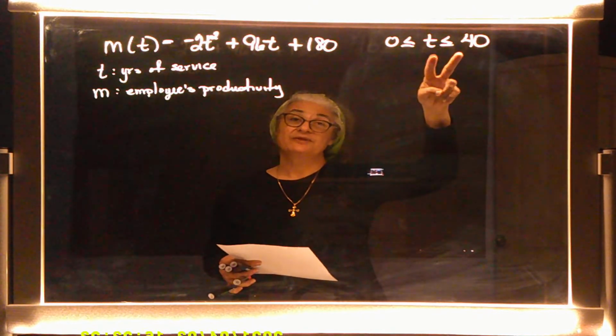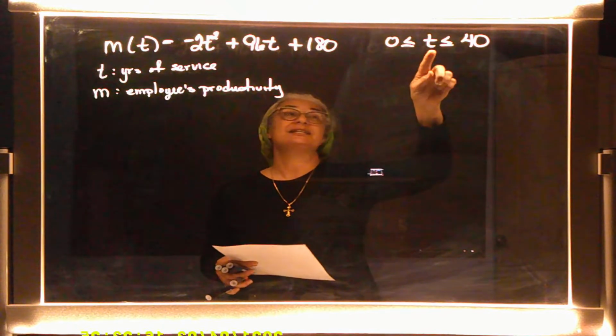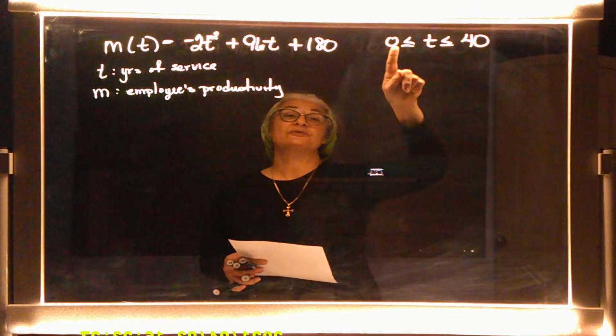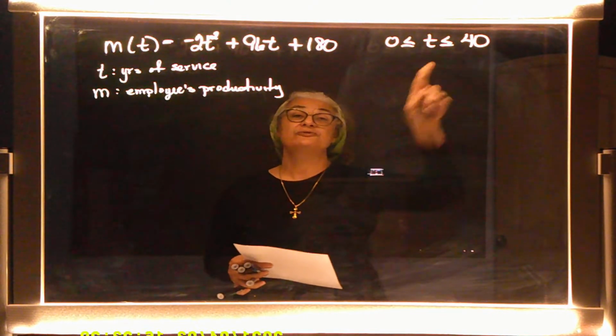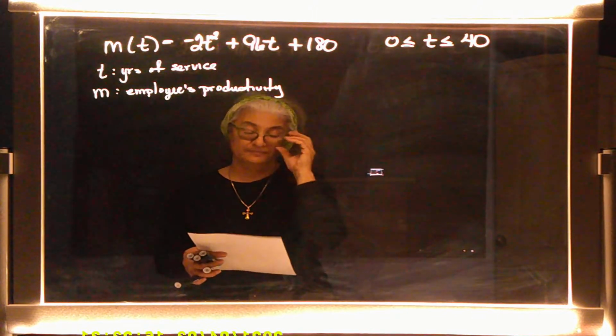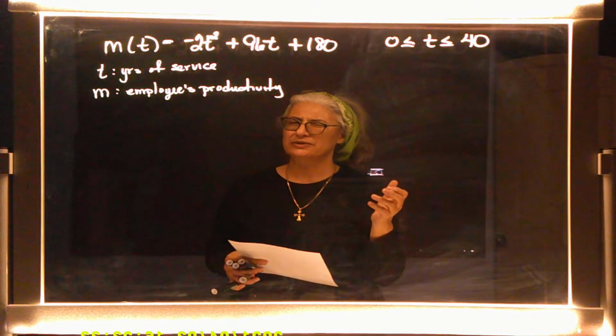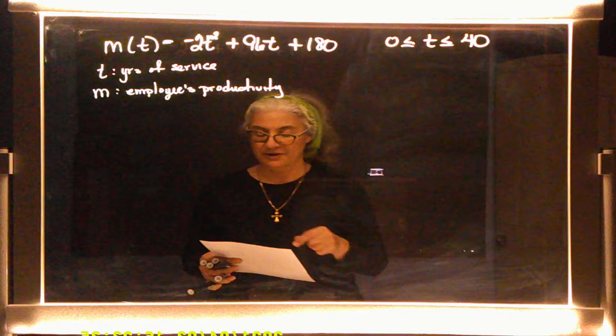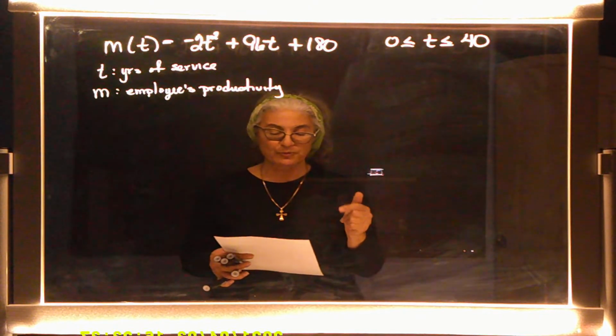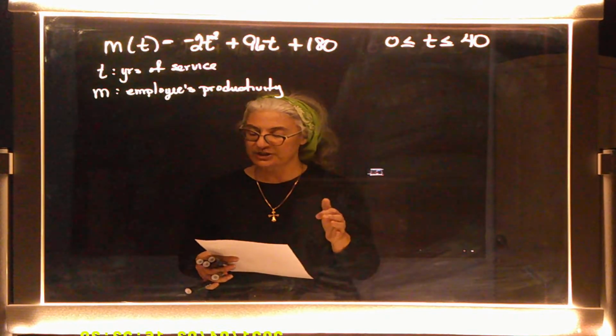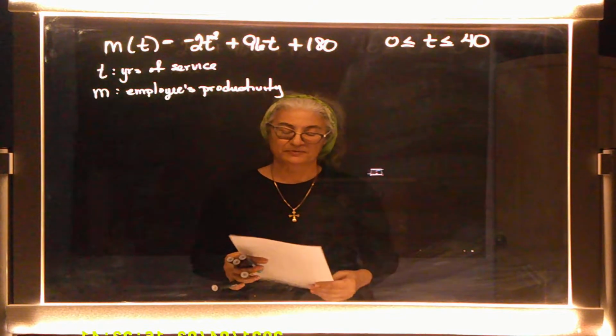And notice they've given me an interval to work off of, right? T is the number of years of service. So the number of years of service is between 0 and 40 inclusive. So technically it's a closed interval, isn't it? All right. Find the maximum productivity in the year in which it is achieved. Okay.